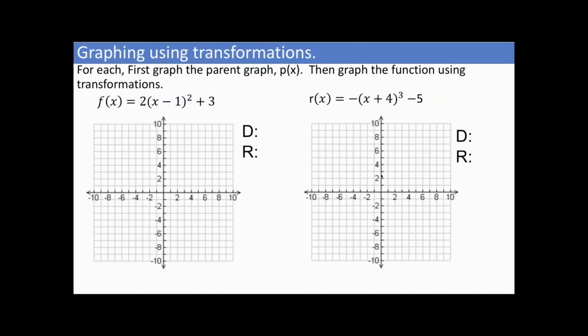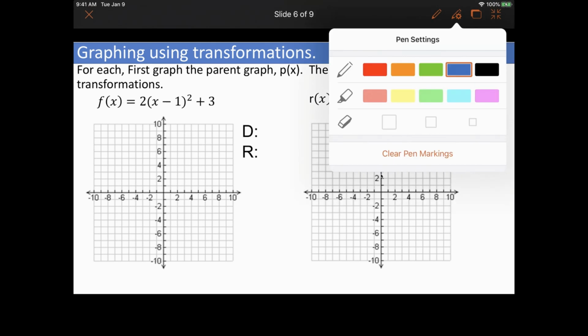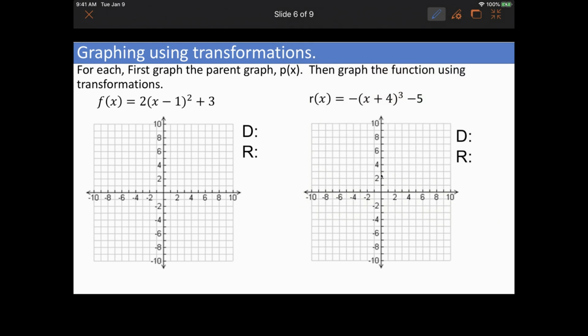All right, so those are our parent functions, and now we're going to graph using transformations. Now you can make a table, but they take a long time. So if you know the parent functions, you can do some movement or transformations. So the first thing I'm going to do is graph a parent function, p of x.